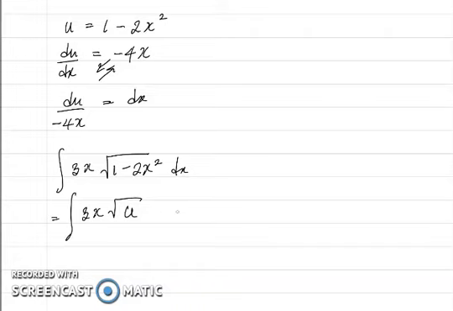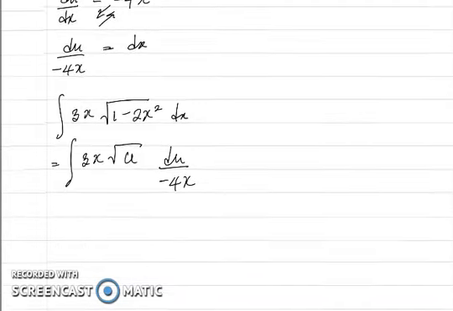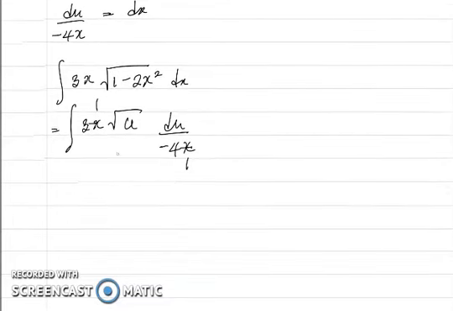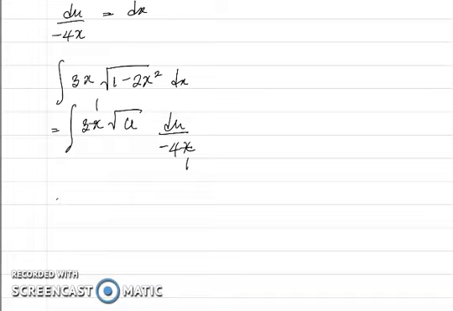And dx, I can replace with du over minus 4x. Remember, in the method of substitution, all x's must go. You can see now that this x cancels this x, so that goes. So now what we have is minus 3 over 4, which can go outside of the integral, times the integral of the root of u, which is u to the half power, du.